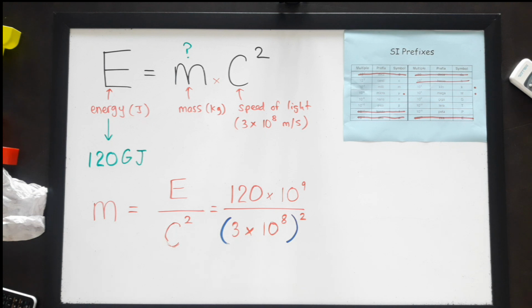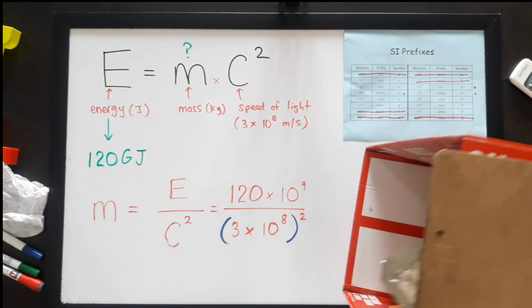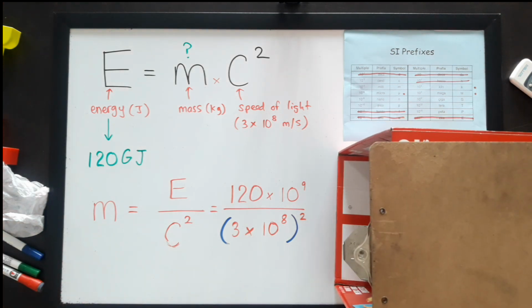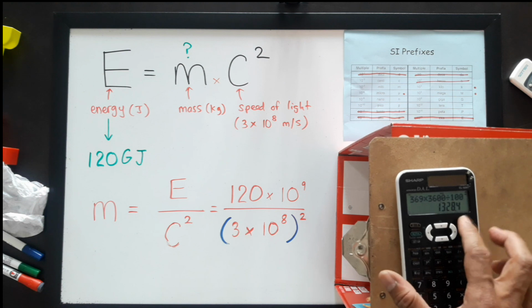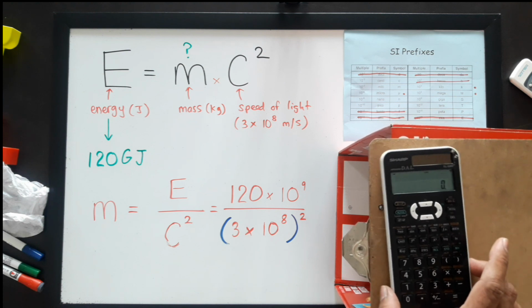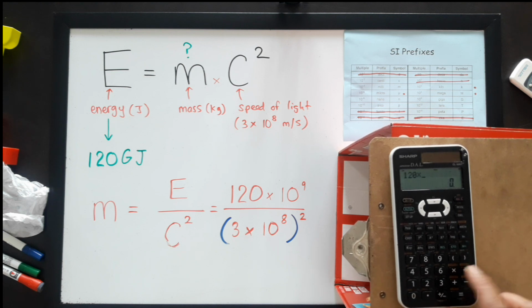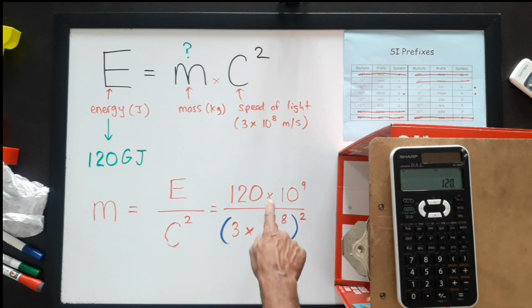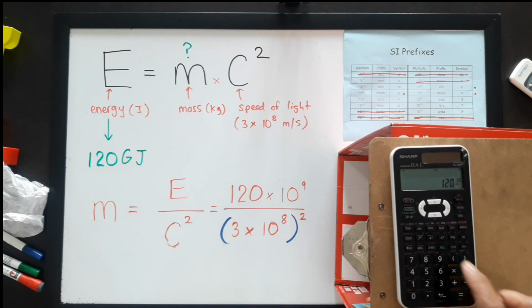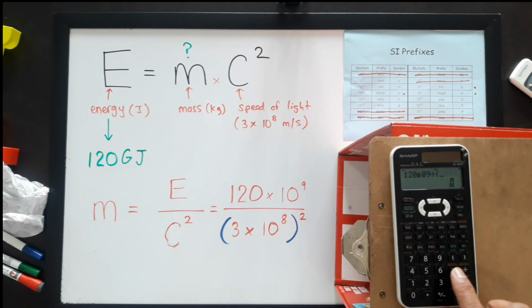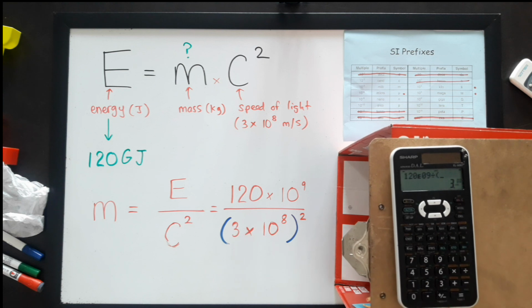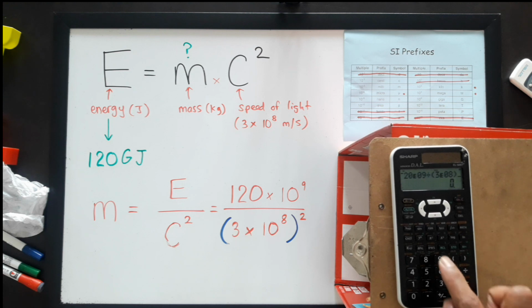So how would you type this in on your calculator? I think I should zoom up for this one. Let's hope nothing gets blocked out. Everything is clear there? Alright. Let's clear the calculator here. Right, so I'm going to type in the top first. 120 multiply, 120 exp 9 divided by open brackets, 3 exp, and I just have to type in the 8, close the brackets, and then I square it.